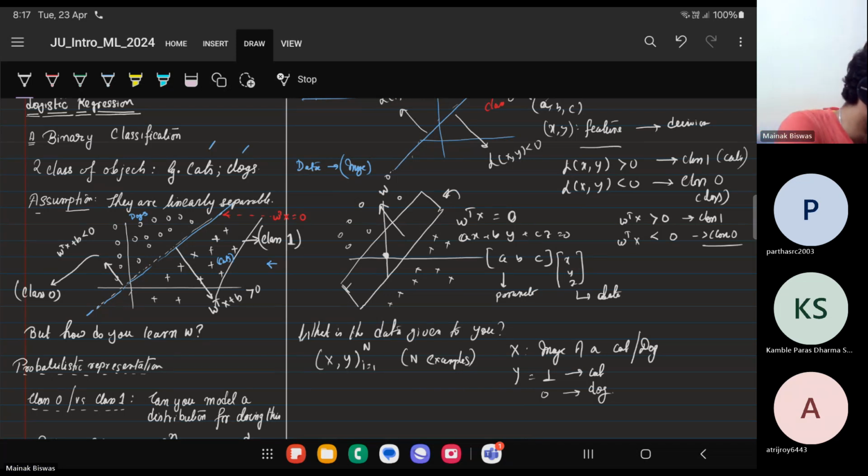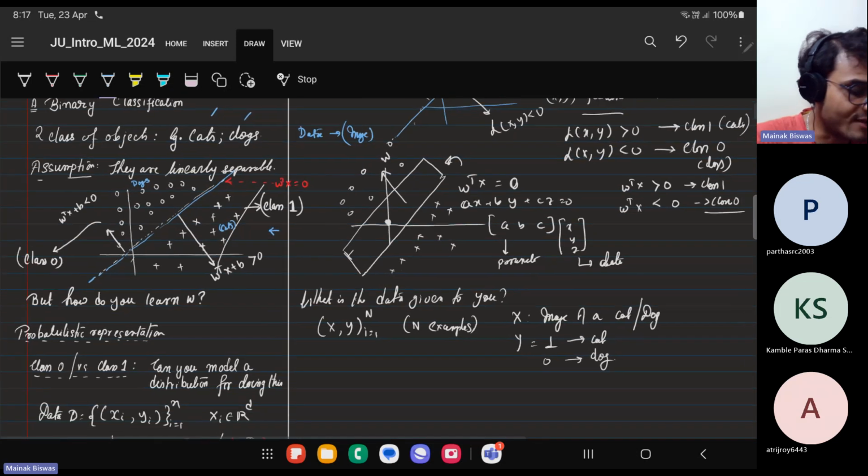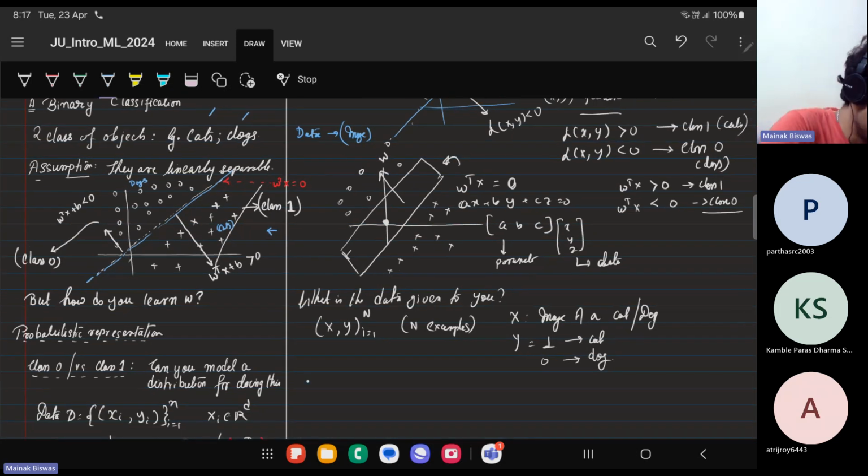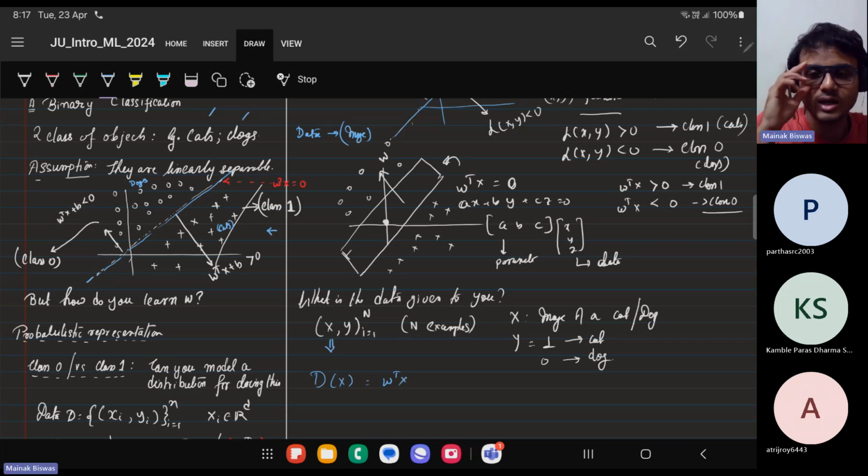So I'll have to learn W such that W transpose X is equal to 0. This is my decision boundary that I'll learn. D of X is equal to W transpose X. But how will I learn it? The X that is given, how many dimensions does it have? Say these images are 64 cross 64 cross 3.